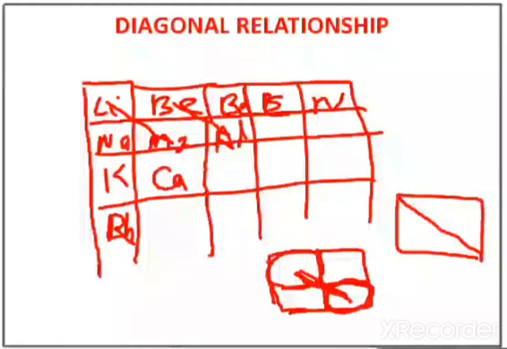So what is diagonal relationship? An element of a particular group shows similarities in chemical and physical reactivity, or we can say similarities between physical and chemical properties, with the element which is present in the diagonal. Diagonal means the second element in the next group.